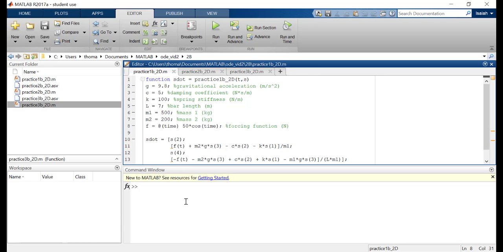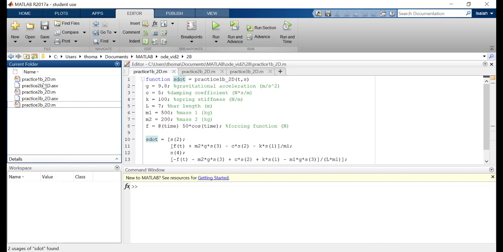Additionally, the function that returns s dot that you're referencing needs to be in the same directory or folder that you're in. That's just something important to keep track of.